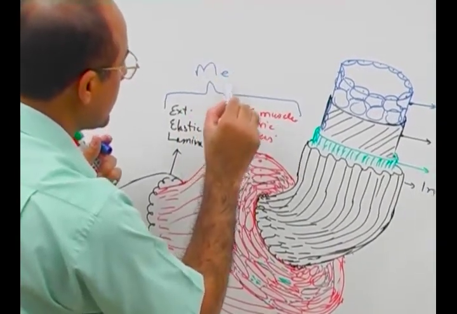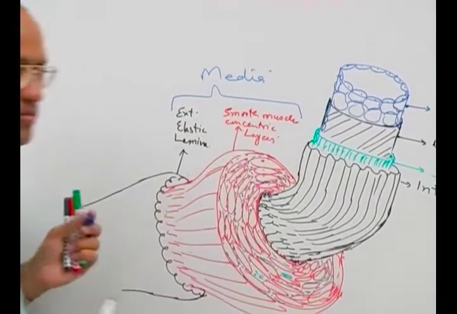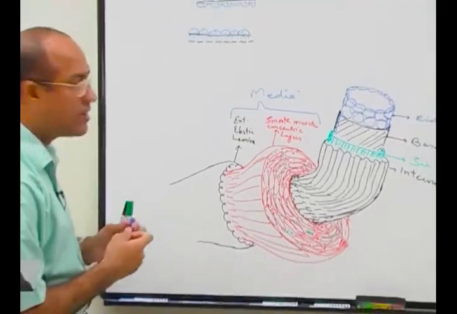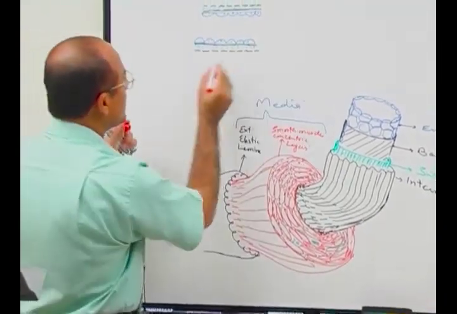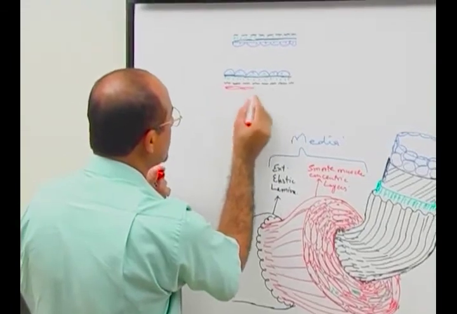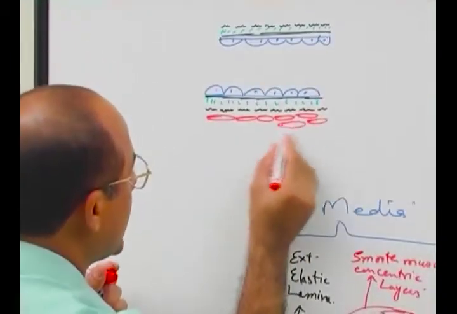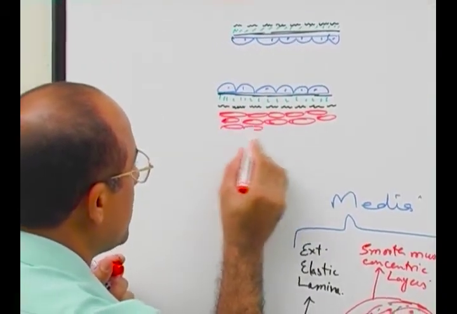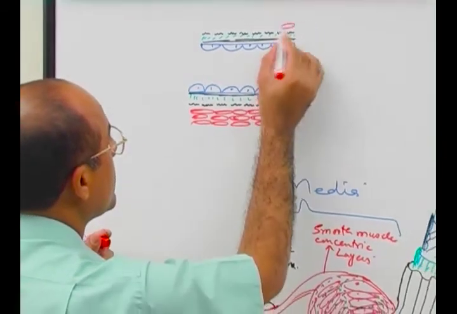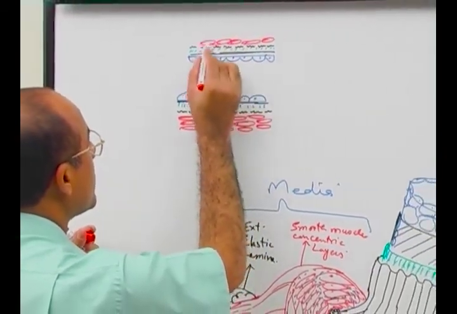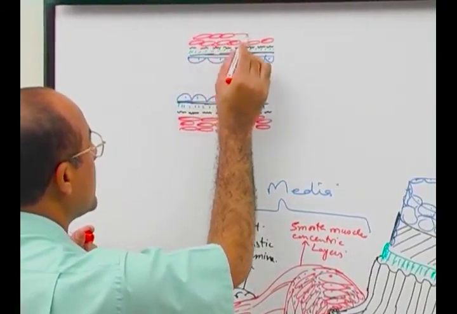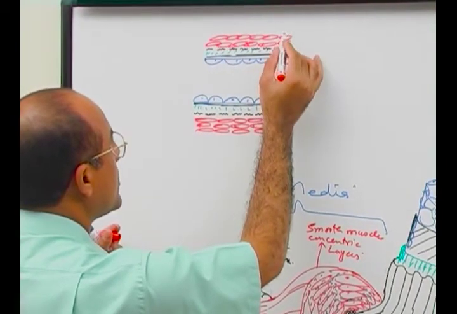Media. Both of them together are called media. So here, this was internal elastic lamina and these are the smooth muscles. What is this showing in this diagram? These smooth muscles are a component of media, right?